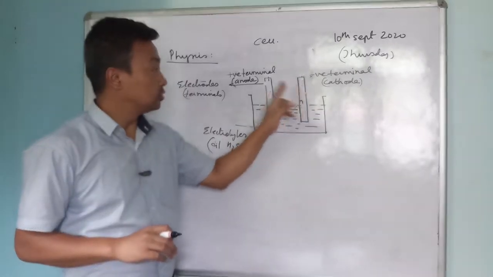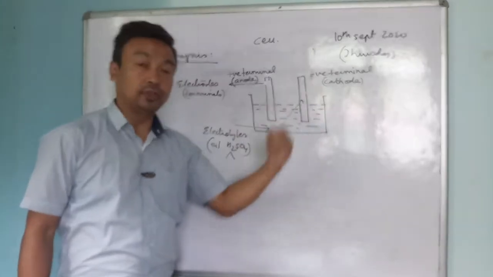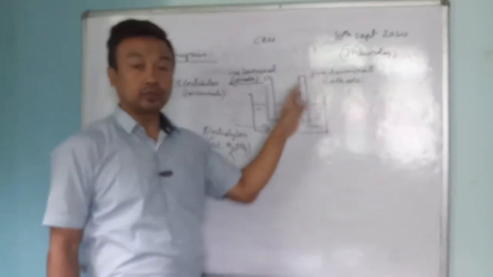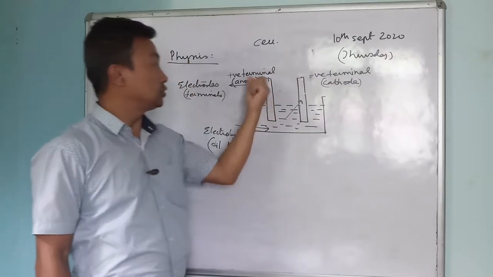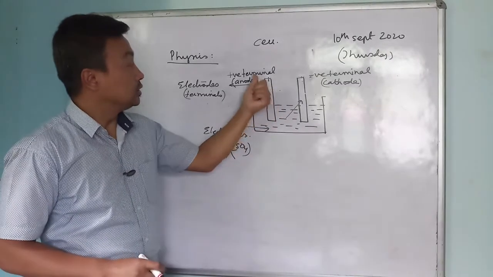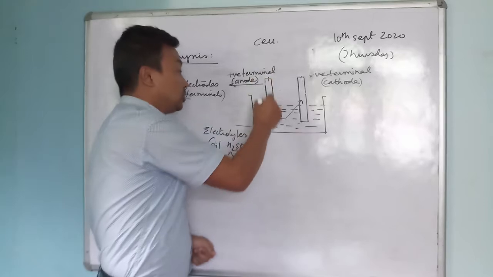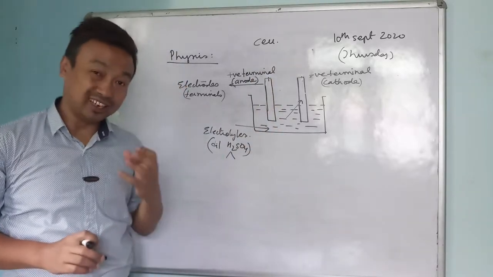We have got two electrodes here. One is the negative terminal where you have got the excess of electrons, and another is the positive terminal, which has got a deficiency of electrons.